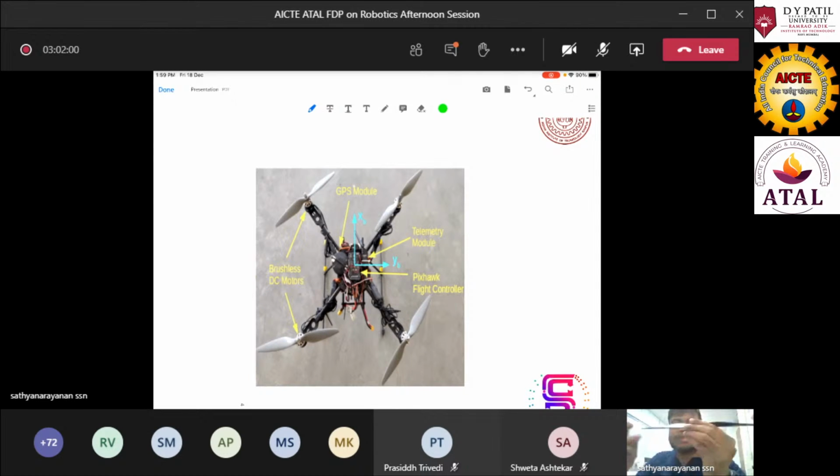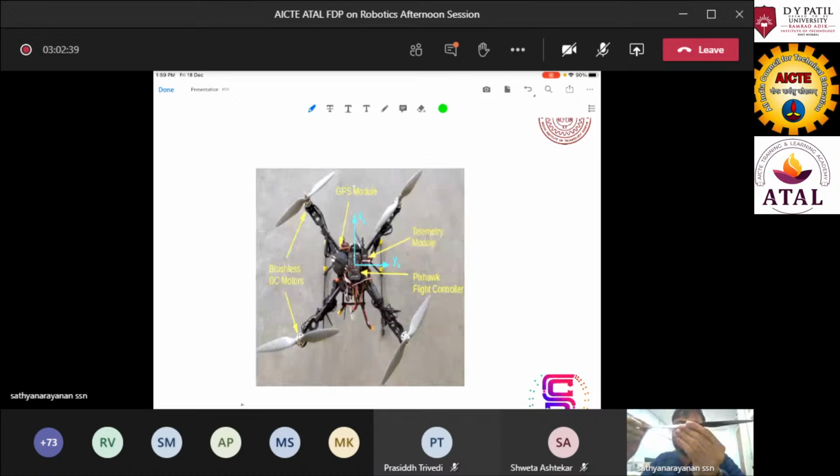So for clockwise rotation, imagine a propeller like this. It rotates in a clockwise direction, and the pitch of the propeller is made such that it pushes the air down. Once it starts to push the air down, it generates a force which is not vertical but at an angle here, perpendicular to this surface.